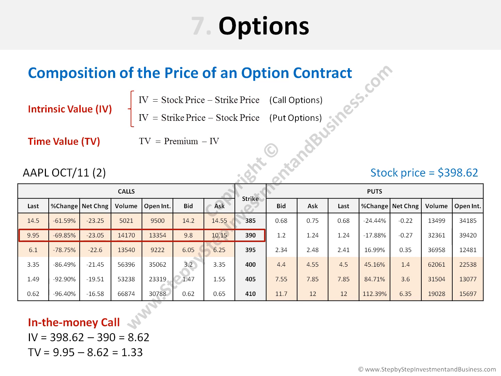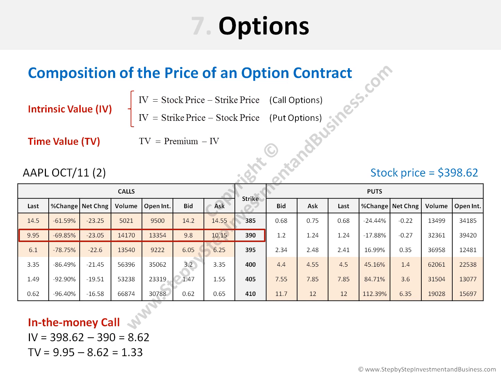The difference between $398.62 and $390 is $8.62. Therefore, the time value is the premium, which in this case is given by the last, that is, 9.95, minus 8.62, which is the intrinsic value calculated above.